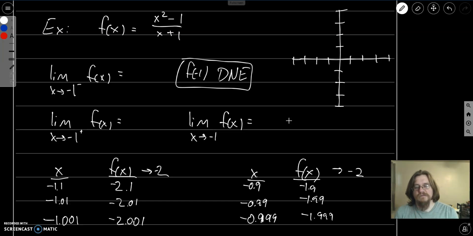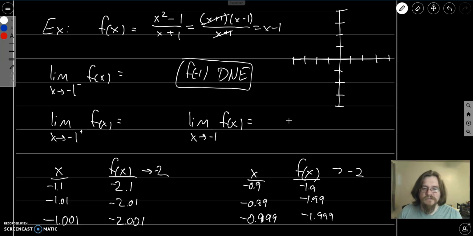And in order to graph him, what I'll do is, let's simplify this. x squared minus 1, I can factor this into x plus 1 times x minus 1. And I have a factor of x plus 1 on top. I have a factor of x plus 1 on the bottom. I get x minus 1.